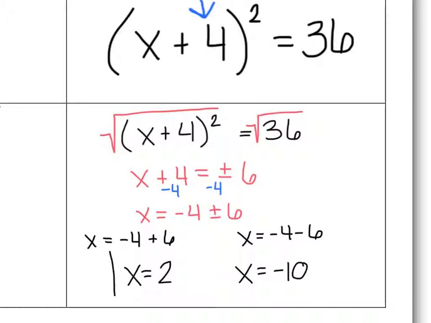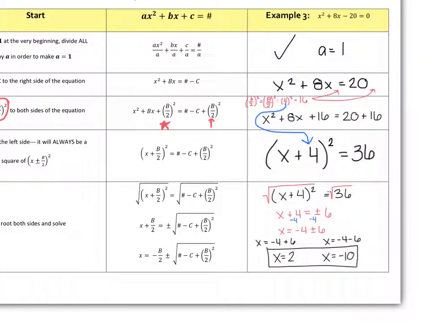Those are the two places where that parabola crosses the x-axis. So that is completing the square.